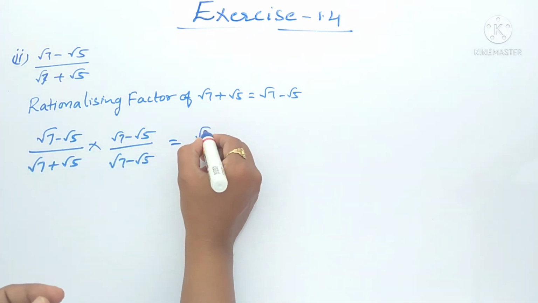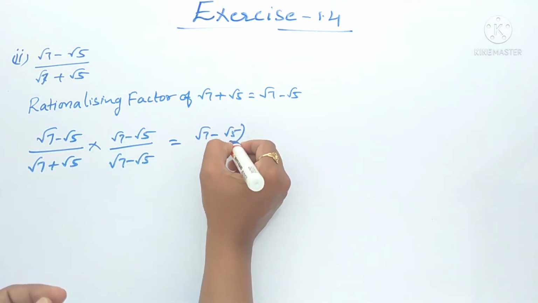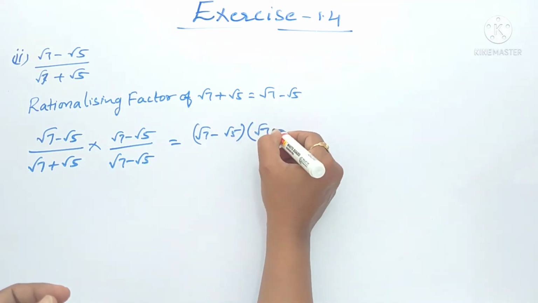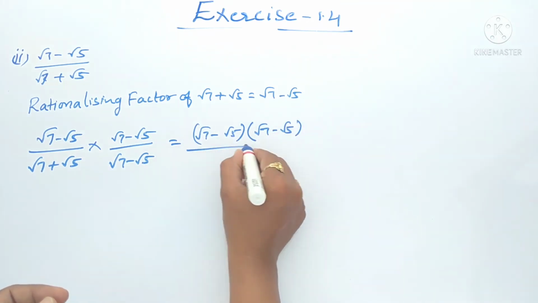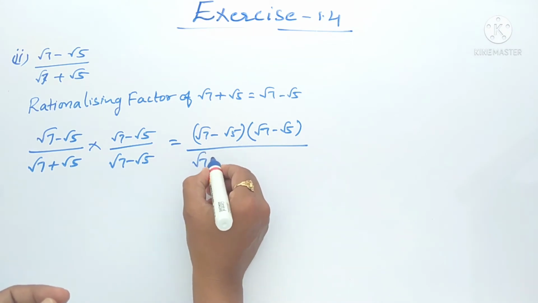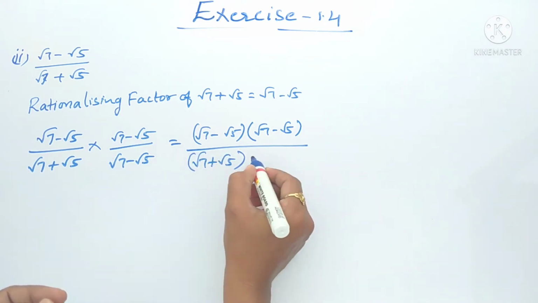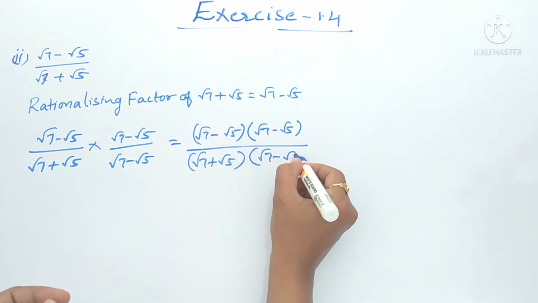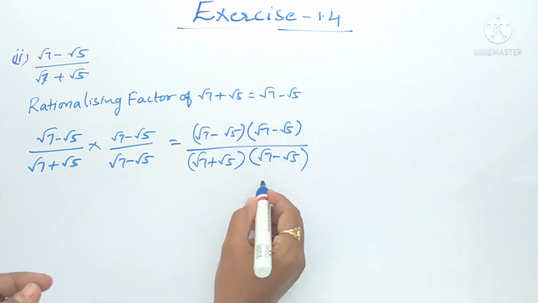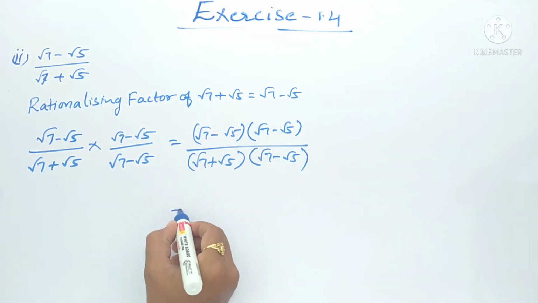So now this is (√7 − √5) into (√7 − √5) by (√7 + √5) into (√7 − √5). So now here, same.